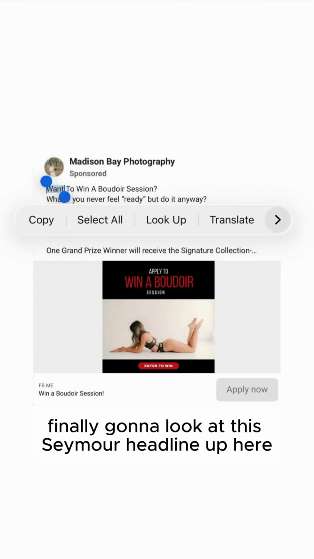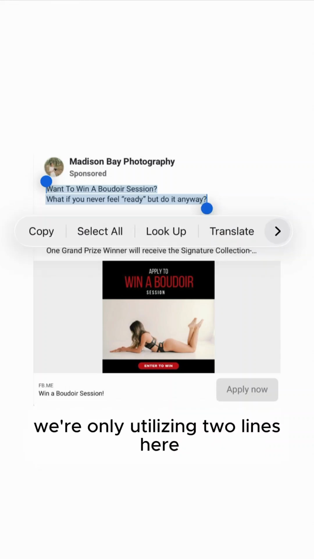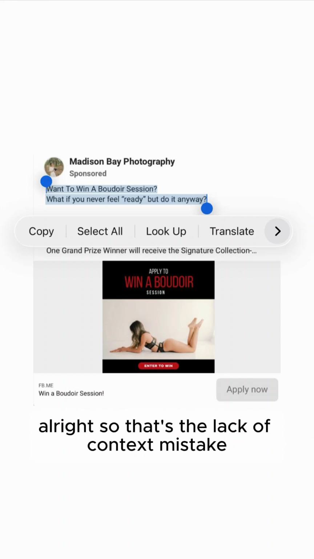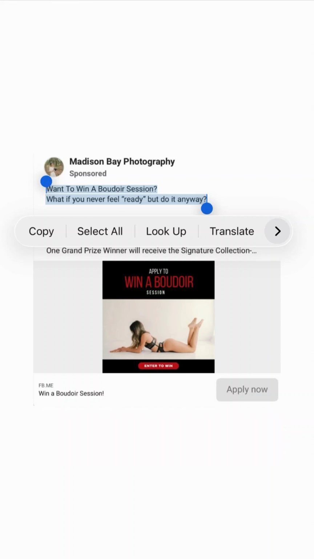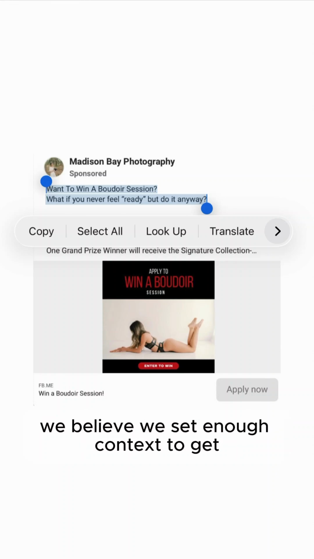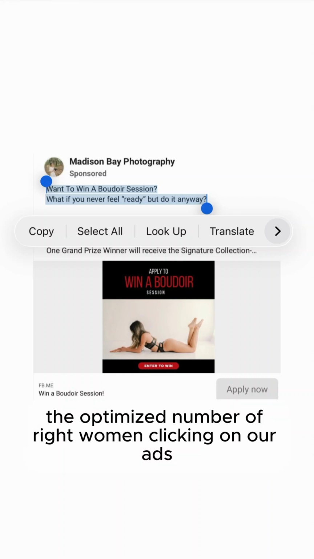Finally, going to look at this See More headline up here. First 2 3/4 lines Facebook newsfeed mobile. We're only utilizing 2 lines here. What, want to win a boudoir session? What if you never feel ready but do it anyway? All right, so that's the lack of context mistake. The false belief that caused us to make this mistake is we believe we set enough context to get the optimized number of right women clicking on our ads.